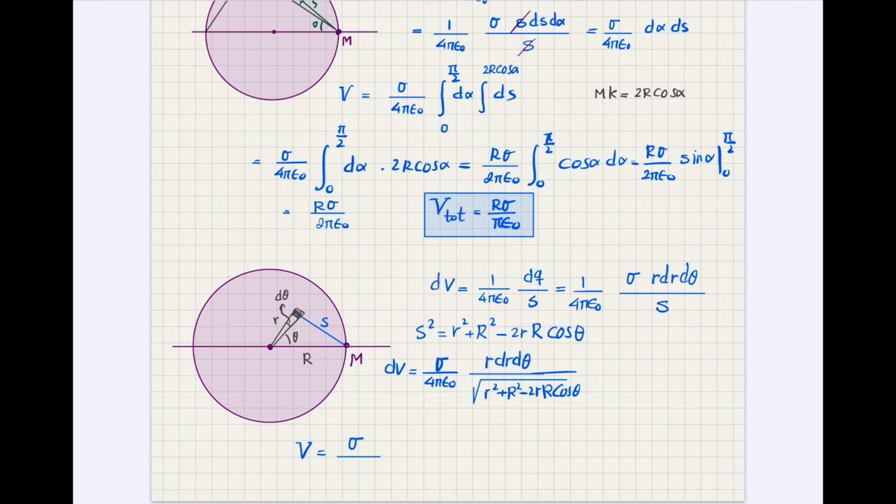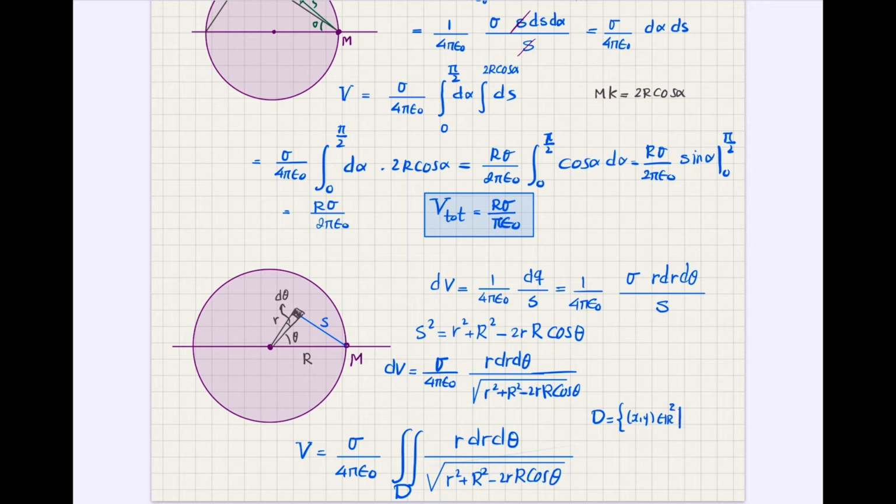So this becomes sigma over 4 pi epsilon 0, and then that's a double integral, r d theta divided by the square root of r squared plus R squared minus 2rR cosine theta, on disk D. If you want to write it mathematically, disk D contains all the points x and y in R squared such that x squared plus y squared is less than or equal to R squared.